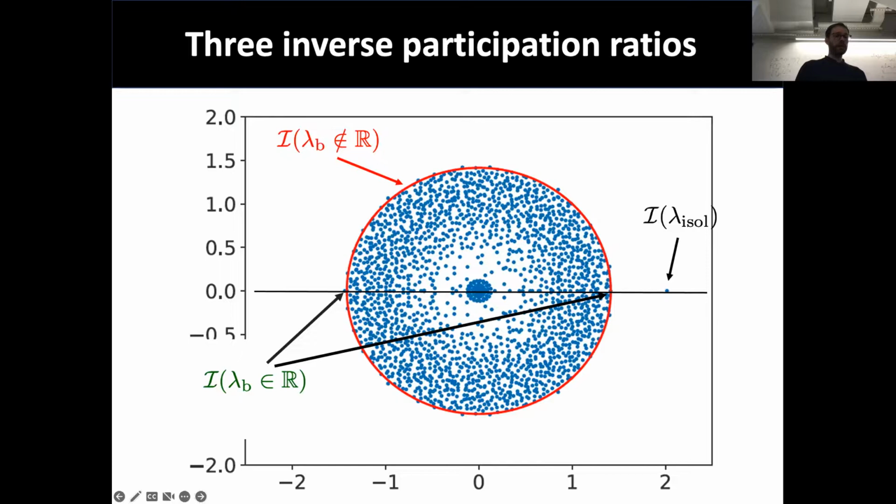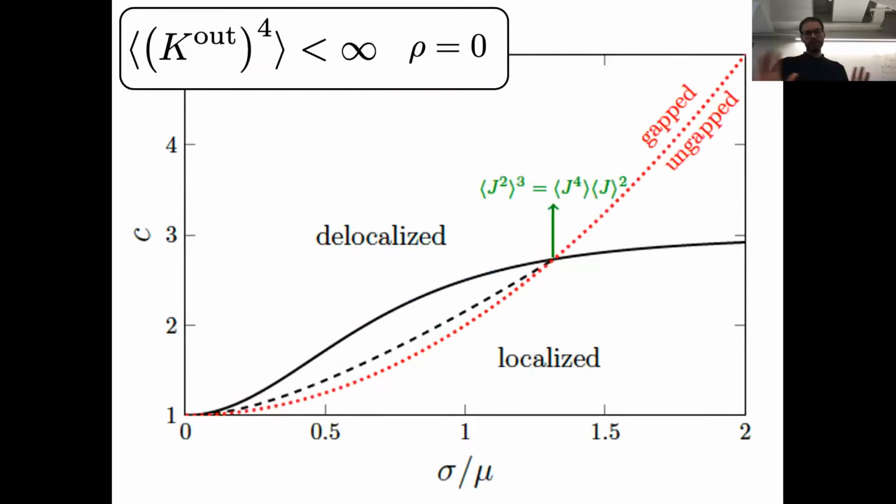Everything inside the spectrum is inaccessible with our methods, so we can't say anything about it. We only say something about the boundaries. I will spare you the formulas, but I'll give you the phase diagram that we find. The delocalized region means the inverse participation ratio is finite. Localized means the inverse participation ratio is infinitely large.